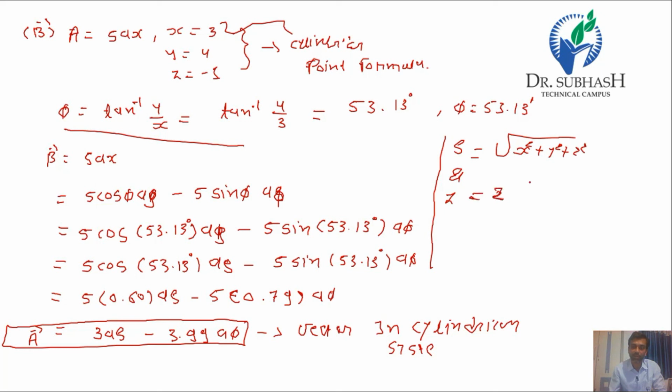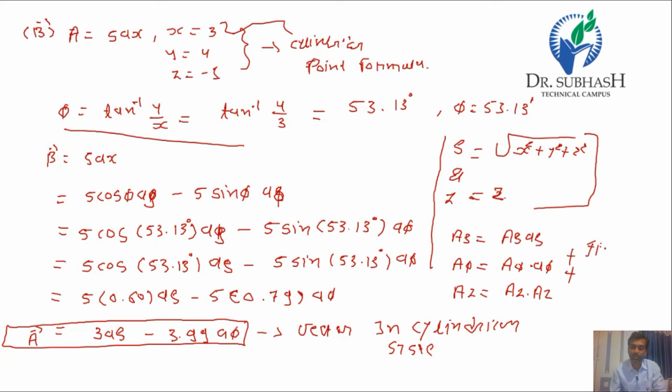After you find that point, you can directly put the values using the equation: the ρ component is equal to aρ dot aρ, the φ component using aφ dot aφ, and az is equal to az dot az. In summation of them, you get the final answer, which is given in the example.